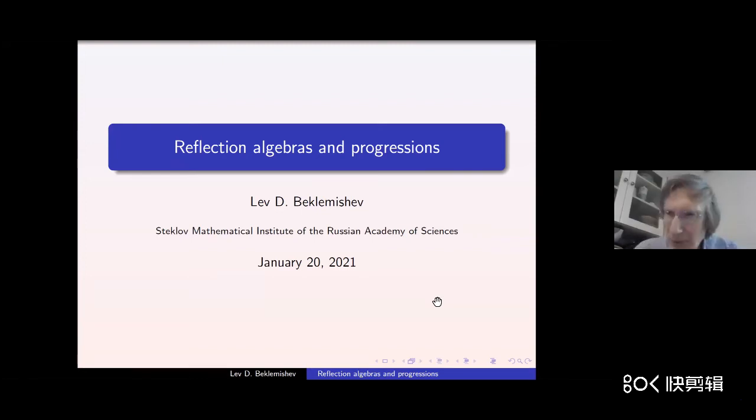The results I will be talking about will not be really very fresh, but nevertheless, the exposition of these ideas evolves and becomes better and better in my opinion. So I will try to present it now.